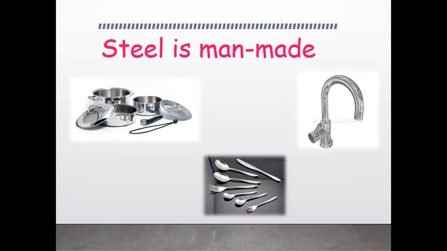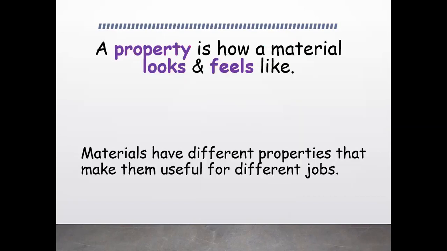Natural materials are coming from plants, animals, or rocks, found in nature. Man didn't make anything in them. Man-made materials means that man entered in making them. And we took their examples. Again, property is how a material looks and feels.